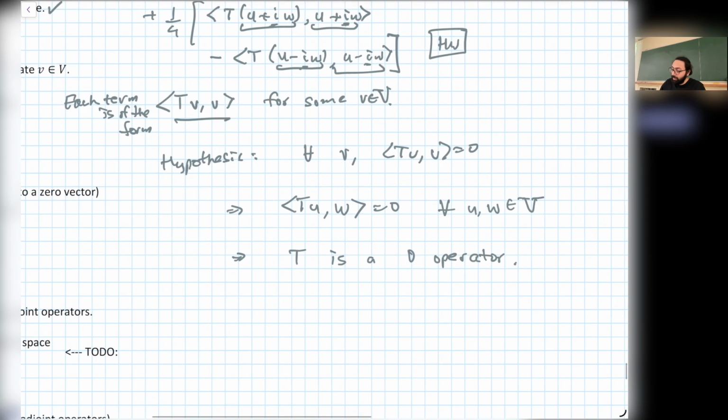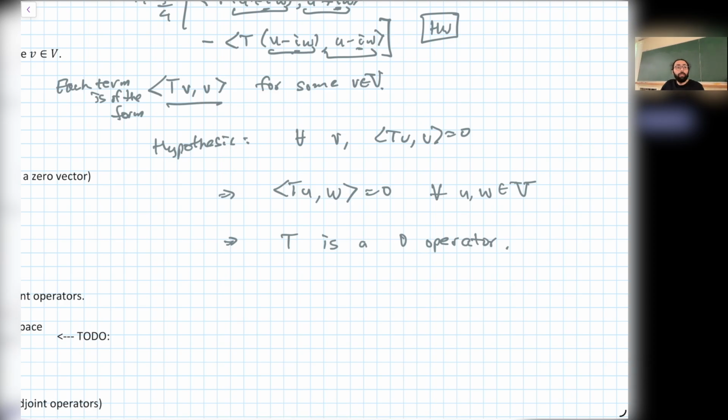Why is that? Any idea? Suppose Tu is some vector, say w prime. An operator being 0 means that it maps everything to the 0 vector, correct? So if Tu equals w prime, we have freedom to choose w in the expression, so you can always choose w to be w prime.